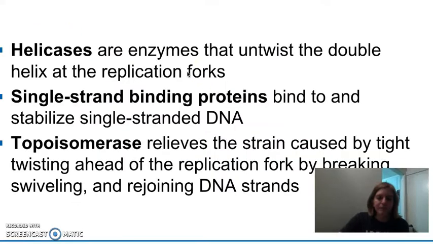So this is kind of the same thing: helicase untwists the double helix at the replication fork. Single strand binding proteins bind and stabilize the single stranded DNA, and once again topoisomerase is used to help relieve that strain. So these are all enzymes that help with the replication of DNA before any of the replication begins.